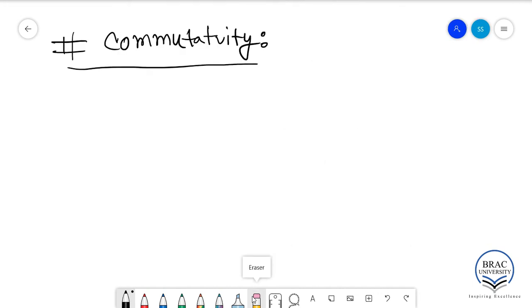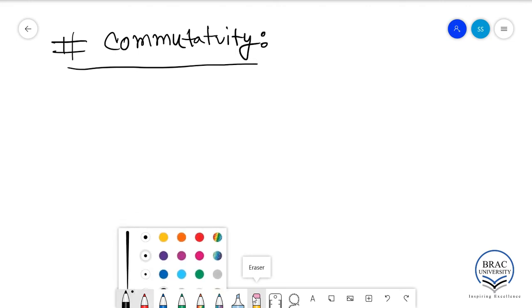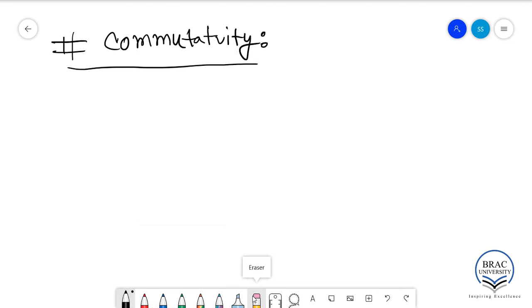So now we talk about another important property of matrix multiplication, and this is very important for us, especially in physics, and that is whether two matrices commute or not. By commute, we mean that, let's say you have a matrix called X. What does this X mean?